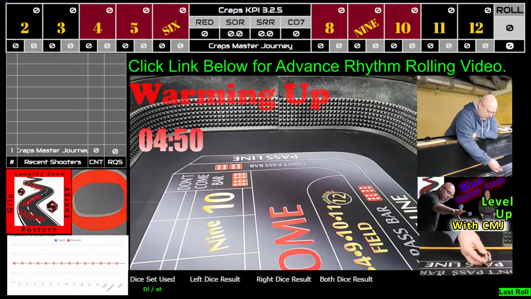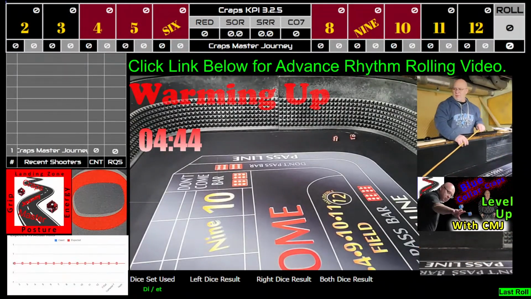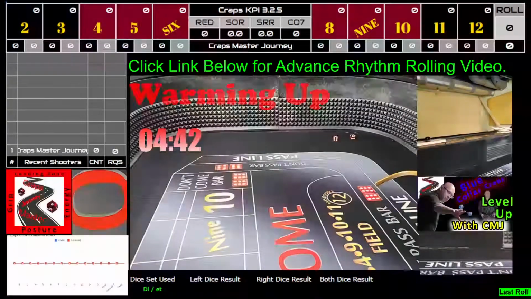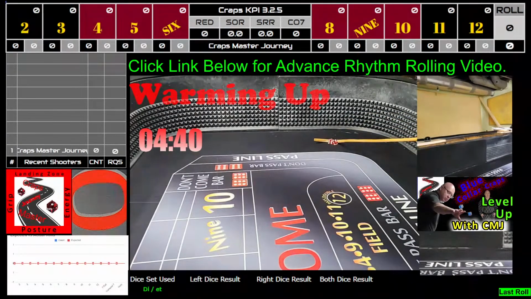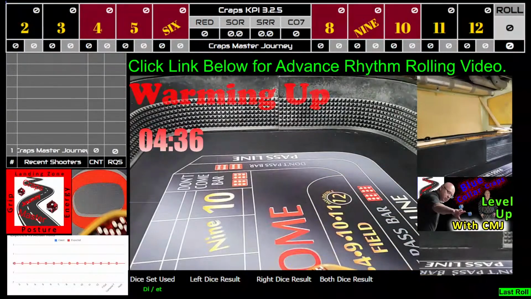I also believe that if you can keep the dice together, like that was a terrible one because the right one was higher than the left one by far. But if you keep them together height-wise and kind of together distance-wise, then you're going to get a better throw also. What I'm looking for is the dice to come down and land very close to the back wall with the dice together.